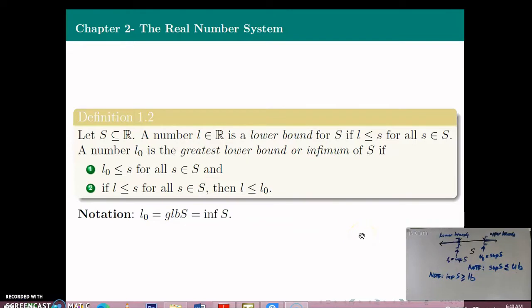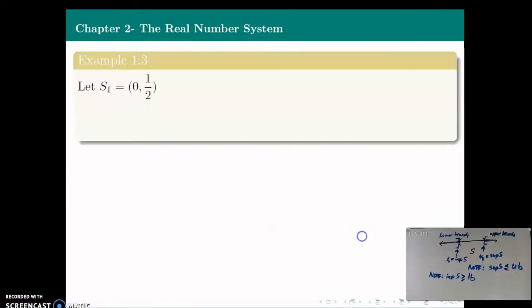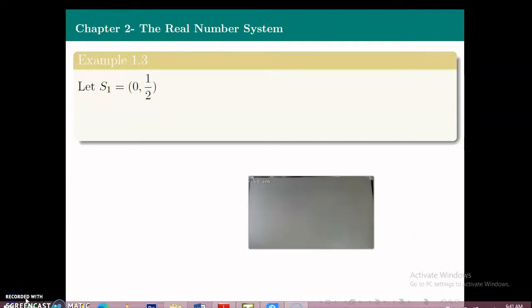Okay, let me have this example. We let S sub 1 be the set, the interval from 0 to 1/2. To illustrate that, let us consider this real number line. Say for example, this is the set from 0 to 1/2.